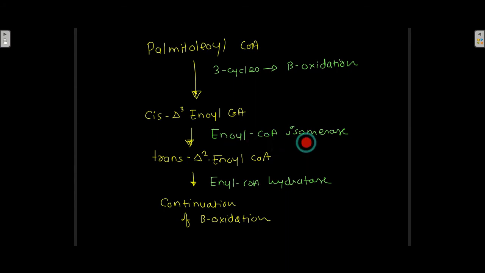Now enoyl coenzyme A hydratase acts on this, and the continuation of beta oxidation takes place on the product. So this is how the oxidation of palmitoleate looks.